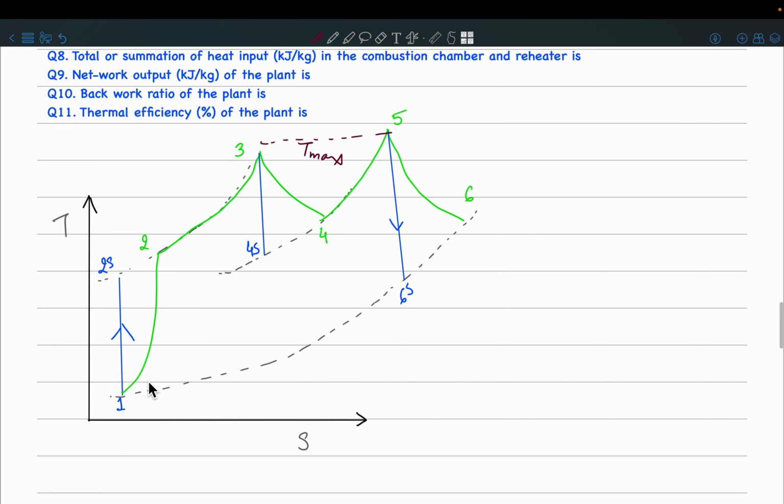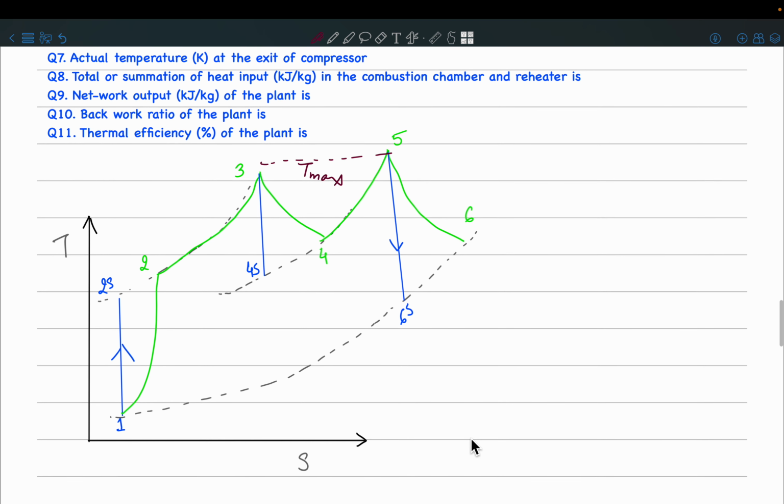So first you have a compressor, then combustion chamber, after that turbine, which is the first stage of turbine, and what you do after that is you reheat this air and bring it to the maximum temperature, and then finally you allow it to expand through the second stage. So this is the entire process. This is clear, right?